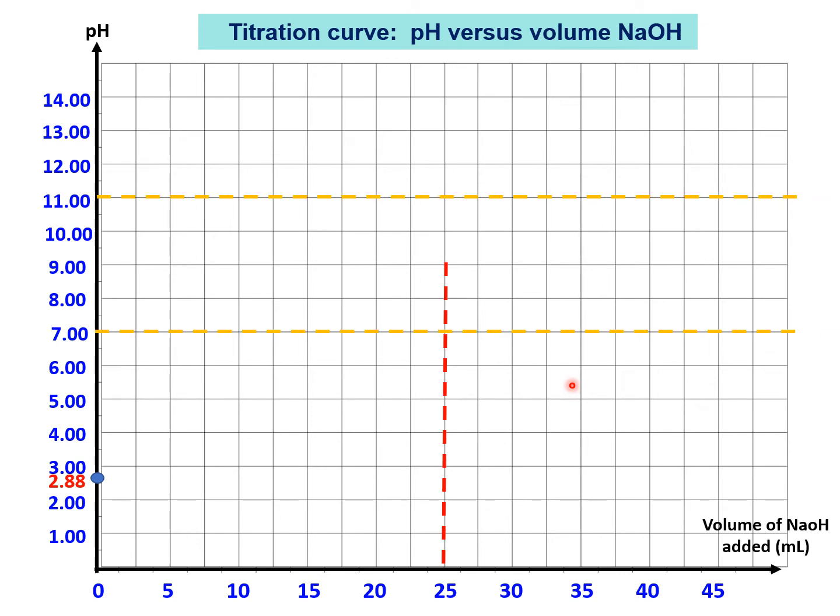Okay. Next, kita akan lukis kita punya titration curve. So tengok betul-betul macam mana dia dilukis. Sebelum tu, kita buat garisan untuk tunjukkan kita punya final pH approaching. Baru kita lukis.